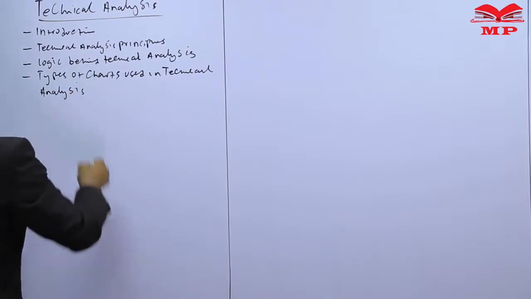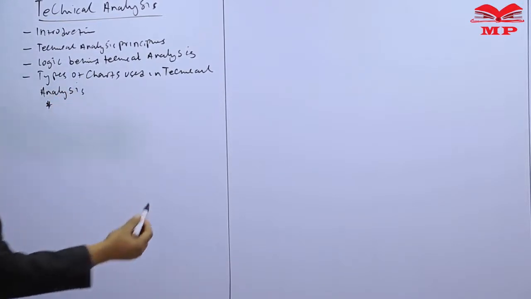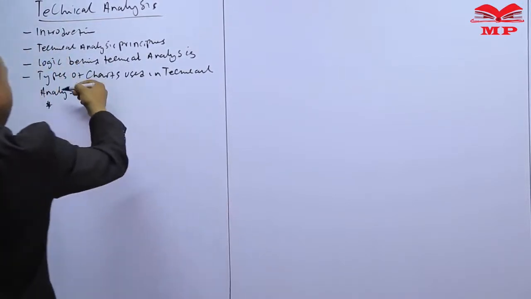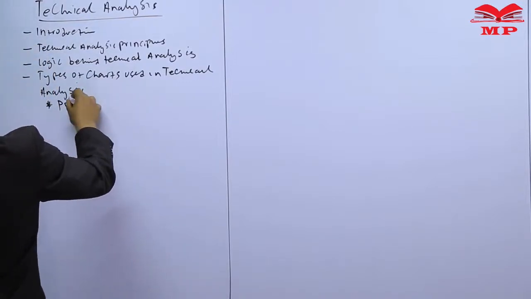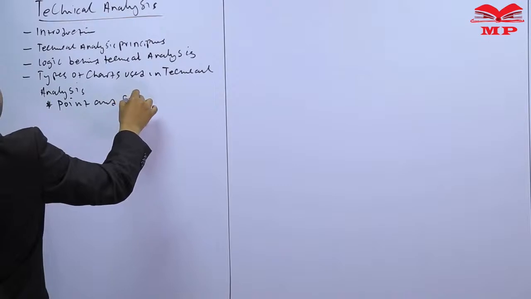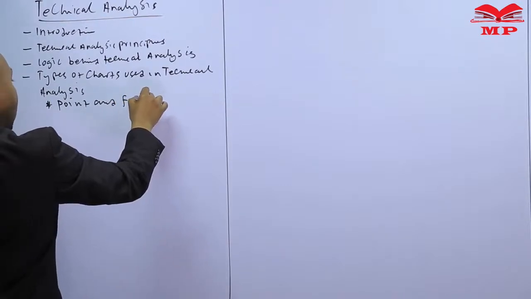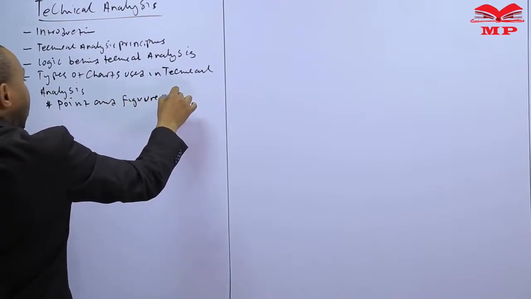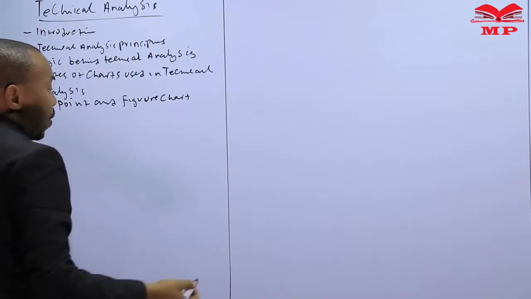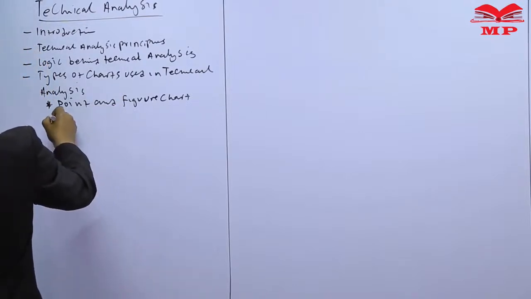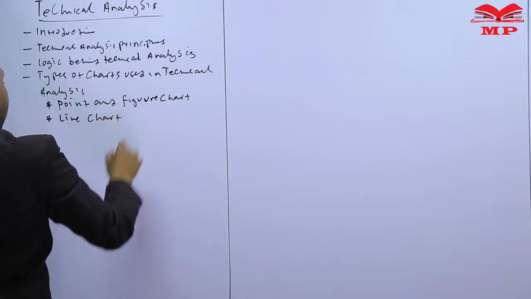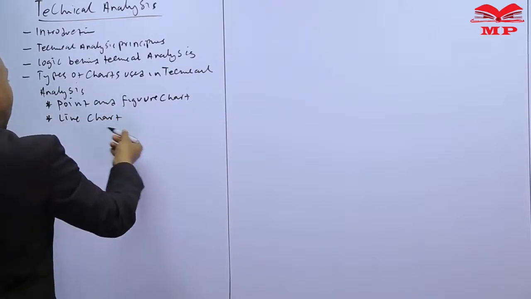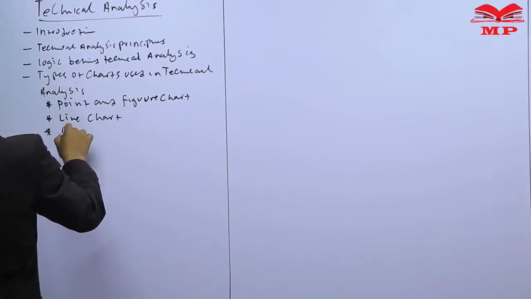So what types of charts? Specifically, we will look at the following charts. We will start by looking at the point and figure chart. Then we will look at the line chart. We'll move ahead and look at the bar chart as well.